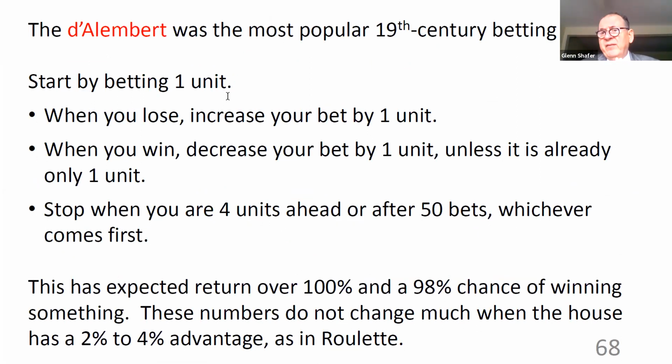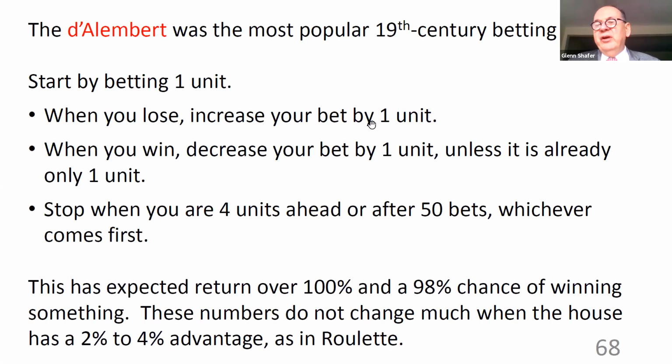This describes probably the most popular betting system in the 19th century. You start by betting $1. Well, in the European casinos, it wasn't $1 or €1 or £1, it was maybe a louis, if you're at the rich table. You invest 1 louis.